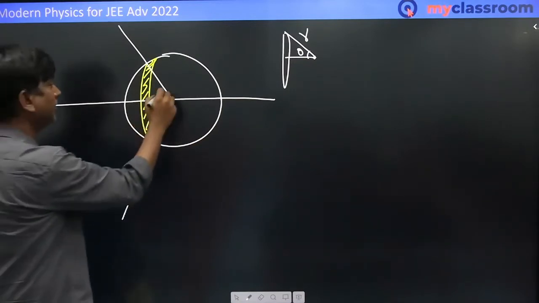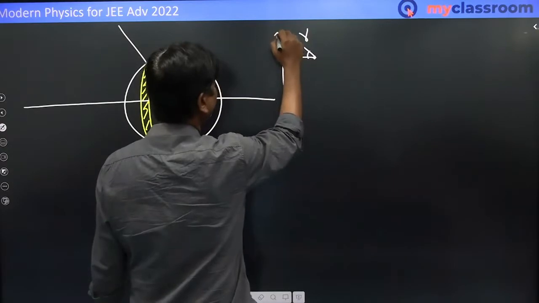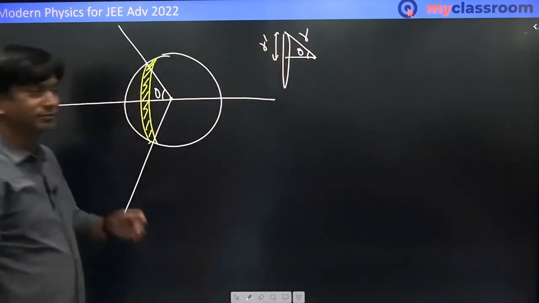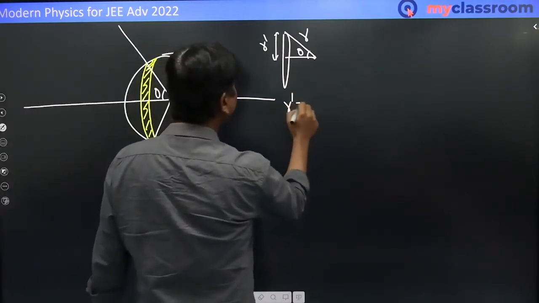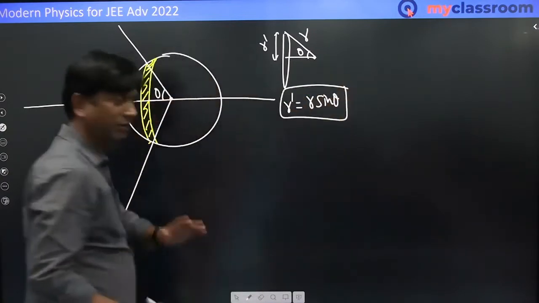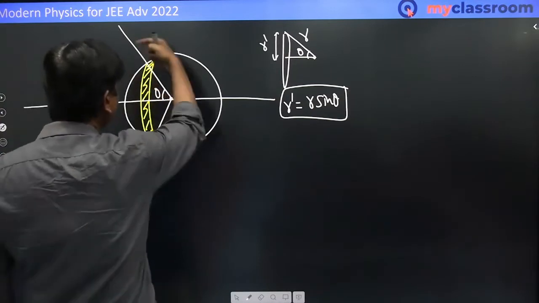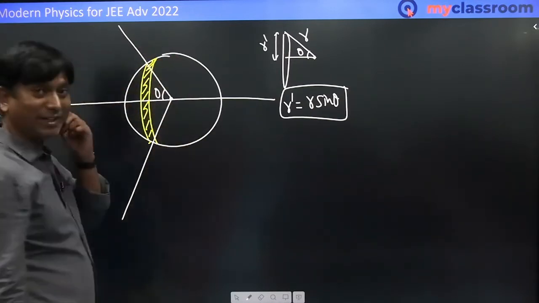So assuming this as, so this is small r. So obviously this value will become r dash, right? Which is nothing but r dash is nothing but r sin theta. Now we are also interested to find what is the area of this strip. Completely, what is the area of this strip we are taking.